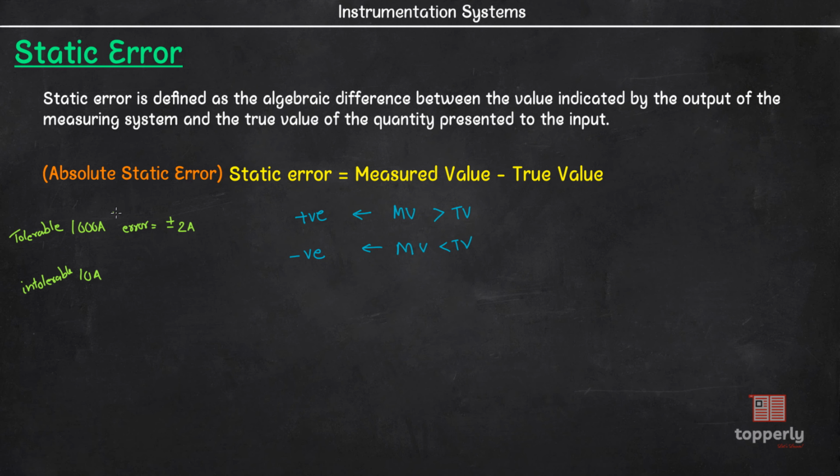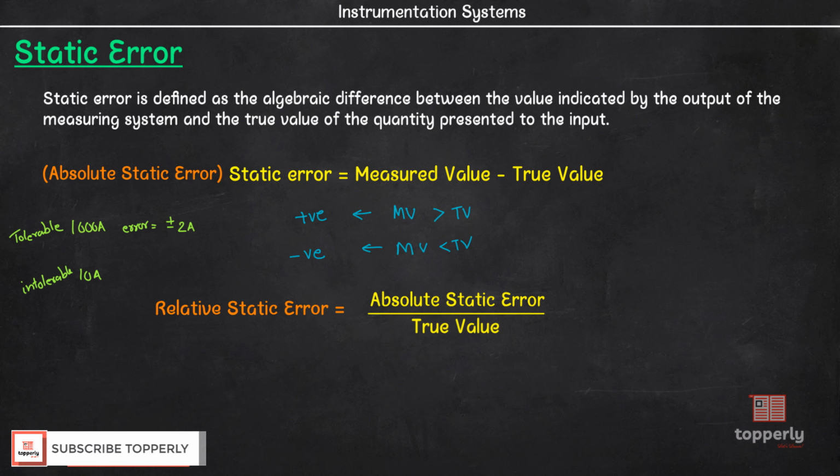Therefore, to get the quality of measurement, we define another term, relative static error. Relative static error is the ratio of absolute static error to the true value of quantity under measurement.